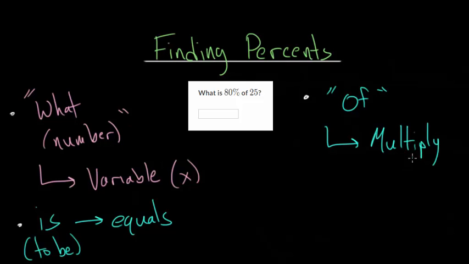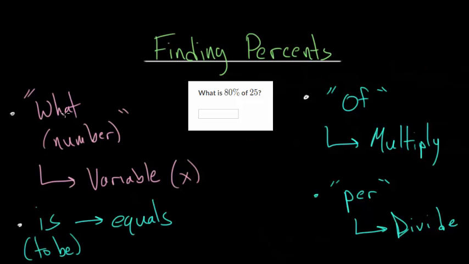So these are kind of the key words. You might see other ones, like for instance, you might see the word per. That is the operator for division. So if you see that word, that is a clue that you should divide. If you see the word product, that's multiplication, quotient is division, sum is addition, and difference is subtraction, but you're not going to see those as much in these types of problems.